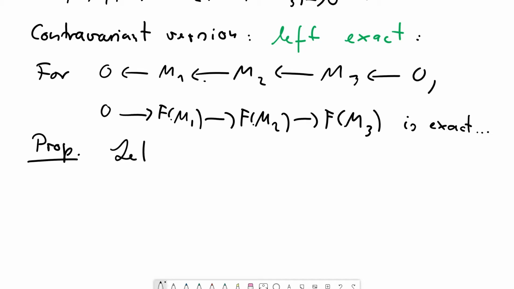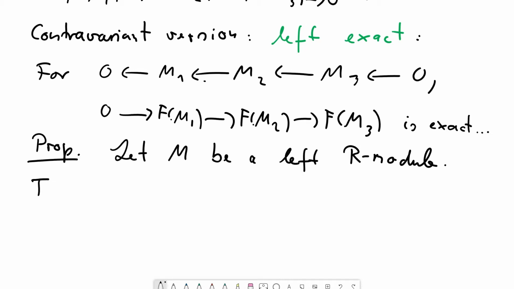So if we have a left R module M, then actually it turns out that the Hom-functor is left exact and the Tensor-functor is right exact. So then Hom(M, blank), in this way, it's a covariant functor, and this is left exact in the above sense.